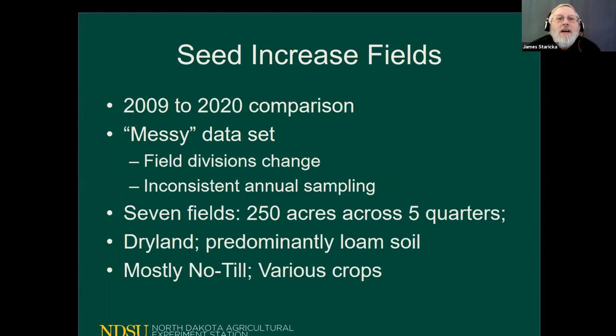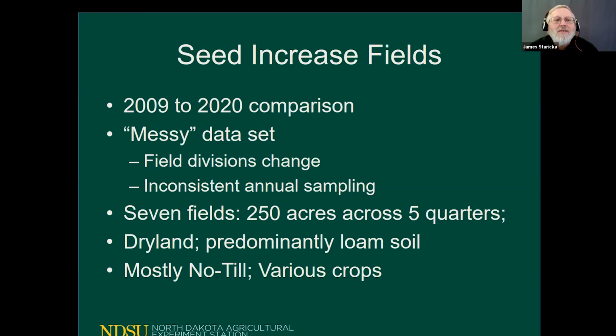The first data set I'll present is data that's been derived from soil samples collected from the seed increase fields at the research center. Now we have pretty good records of these samplings, including maps back to about 2009. Before that, the records are not as complete, so I haven't included any of that earlier data. And even so, the data set was kind of messy.